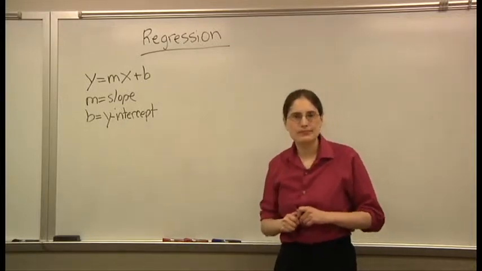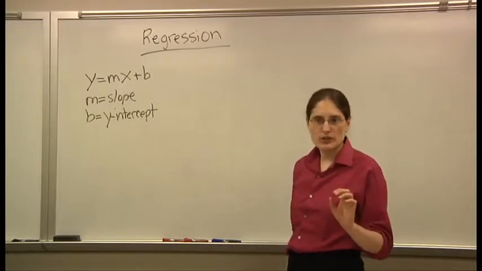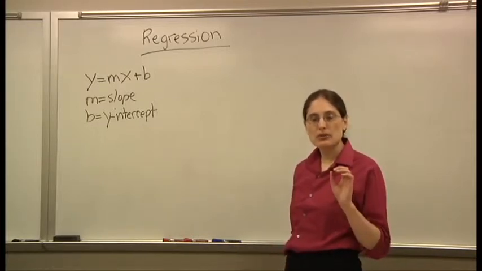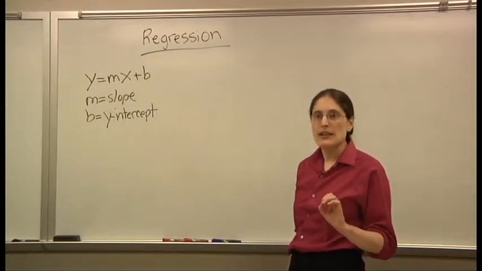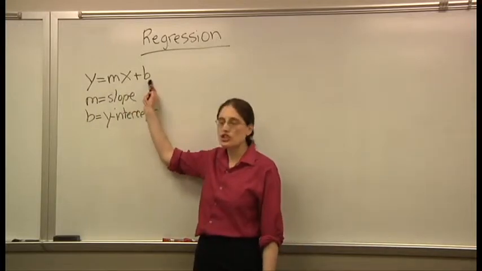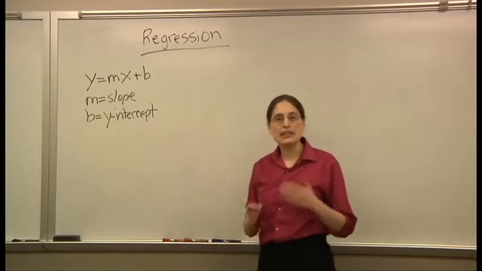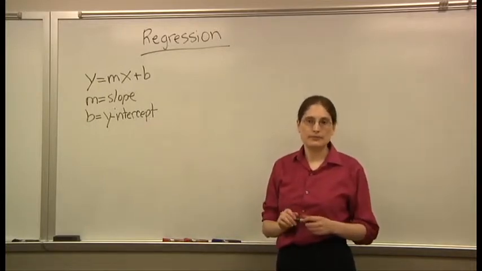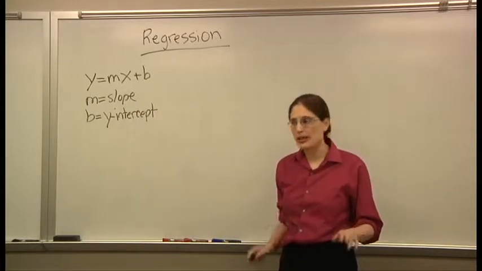So, if the correlation coefficient shows that you have a relationship between x and y, then you can find the equation of a line like this that relates x and y. How? Once again, we're going to let the computer do that.